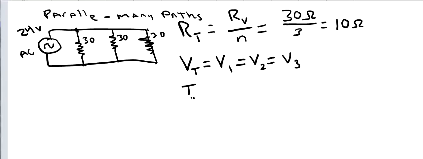Next, let's talk about amperage, or the total amperage. In this case, the amperage is going to be equal to the amperage flowing in branch 1 plus the amperage flowing in branch 2 plus the amperage flowing in branch 3.